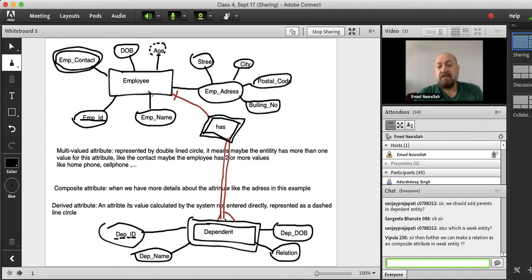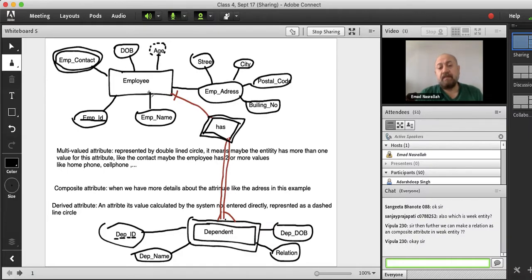Composite attribute, yeah, it could have, no problem about that. The weak entity may have composite, multivalued, or derived attributes. It could have any of the attributes.